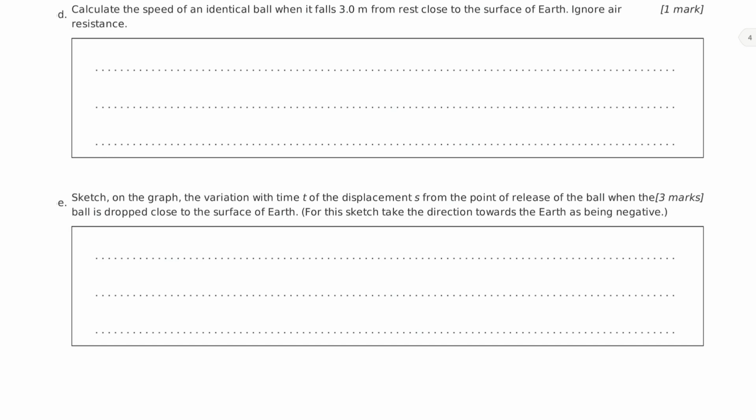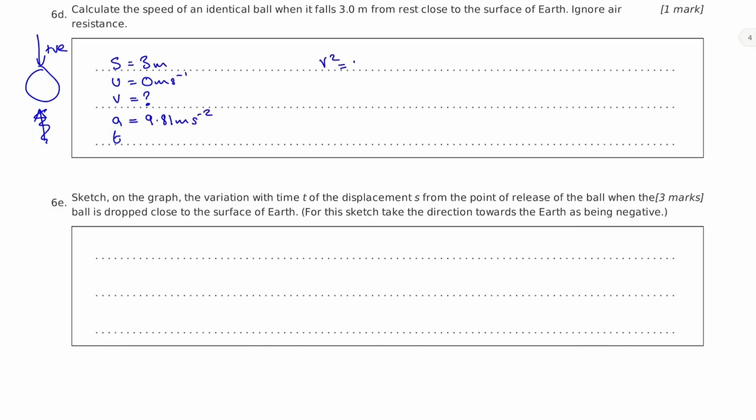Calculate the speed of an identical ball when it falls 3 metres from rest close to the surface of the Earth. So we're going to use a suvat equation for that. It's going to fall 3 metres. And earlier we said that anything going towards the Earth was positive. So if that's the Earth and it's going towards the Earth, it's going to be positive. From rest, so u is equal to 0. v we want to find out. And a on the surface of the Earth is 9.81 metres per second squared.